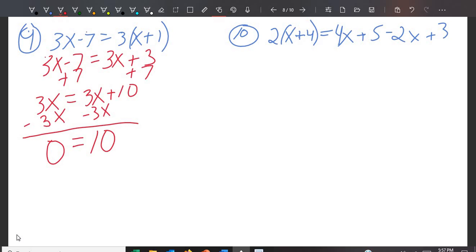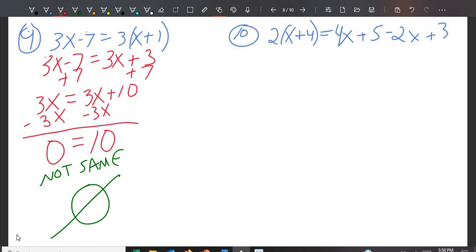Now, there's a constant on the left and a constant on the right. They are not the same. Not the same. If they are not the same, your answer is the no solution. So the x canceled completely out. You're left with two constants, but they were not the same.